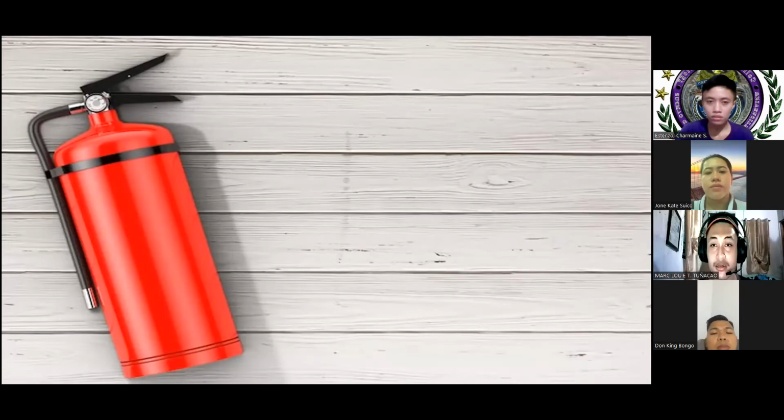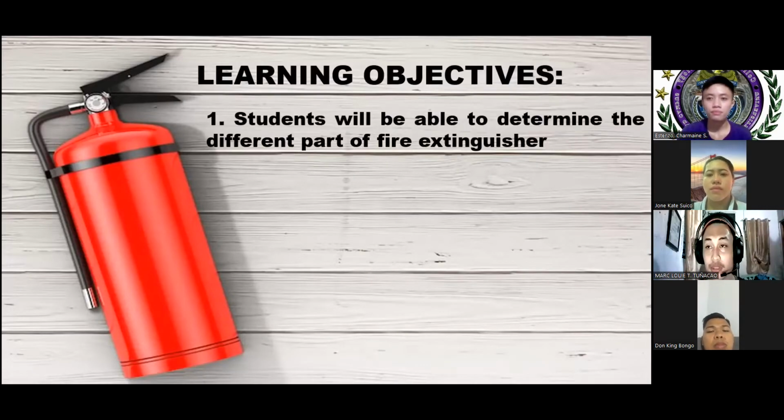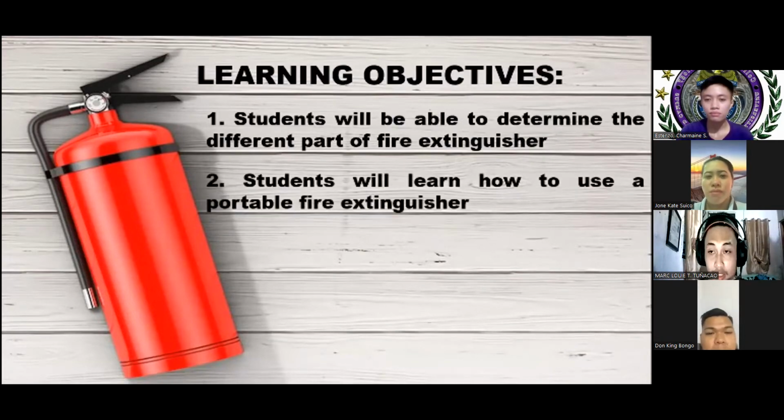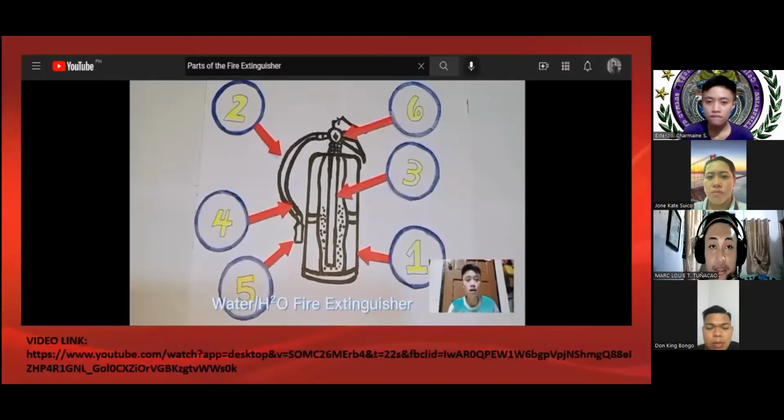Our learning objectives for today are that you will be able to determine the different parts of the fire extinguisher, and you will learn how to use a portable fire extinguisher. At the same time, you will also know the procedures in inspecting various types of extinguisher. So let's see the video presentation about the parts of the fire extinguisher.